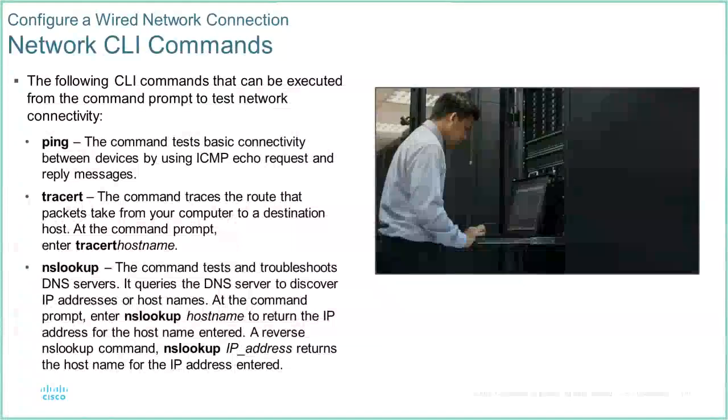With nslookup, depending on how you use it, you can type in the host name and it'll give you an IP address, or you can type in an IP address and it'll give you the domain name attached to it.